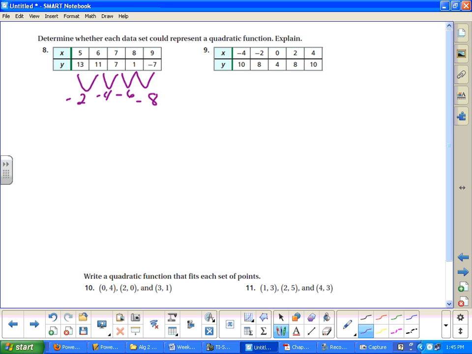And 11 minus 13 is negative 2. All right, so there's our first difference. Second difference. Okay, these all differ by negative 2. All right, so that tells me it is a quadratic, because the second differences are the same.